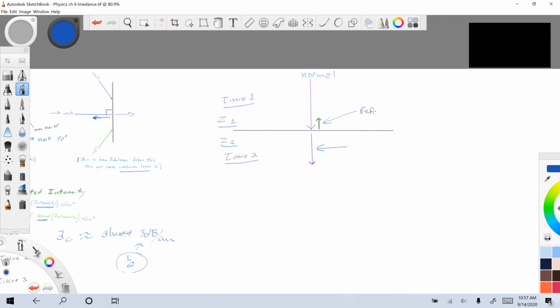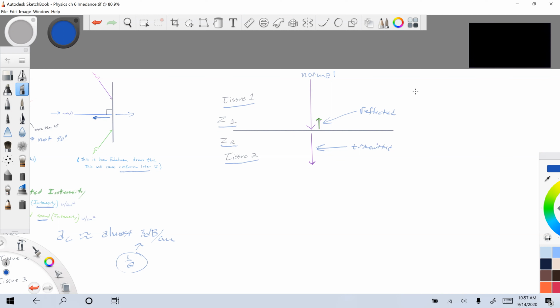Reflected, transmitted. So I know from this picture, if I've drawn it somewhat correctly, that there is an impedance mismatch.